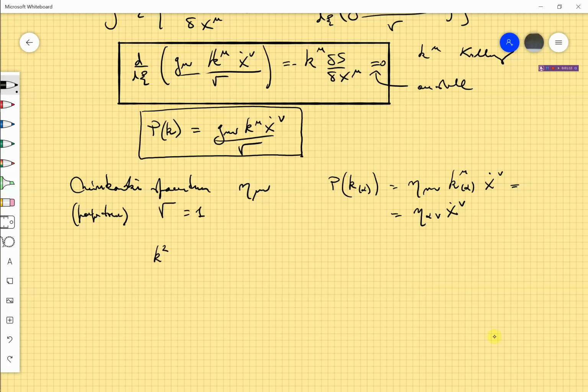So you need a Killing vector which is time-like in order to construct an adapted coordinate which you can identify with time. If the vector is not time-like, the adapted coordinate will have another interpretation.